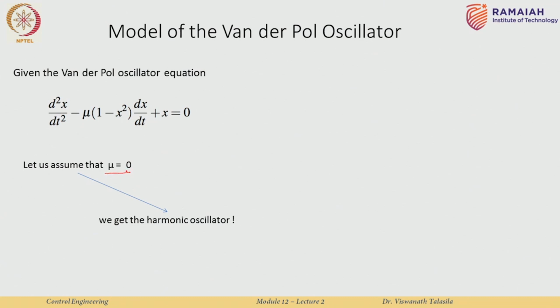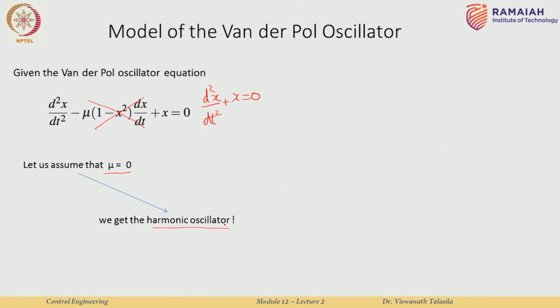When we assume that mu equal to 0, this entire nonlinear damping term goes away, and you get this expression d square x by dt square plus x is equal to 0. And we will now show very quickly that this is the dynamics of a harmonic oscillator.